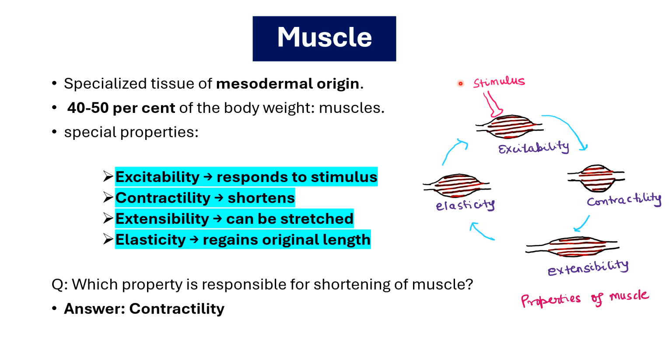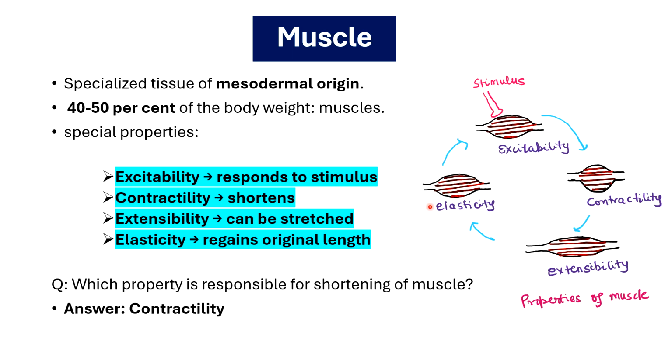It means that whenever there is a stimulus, the muscle cells can respond to the nerve impulse and get excited. Number two is contractility. That means that the muscles can be shortened. Number three is extensibility. That means the muscles can be stretched out.